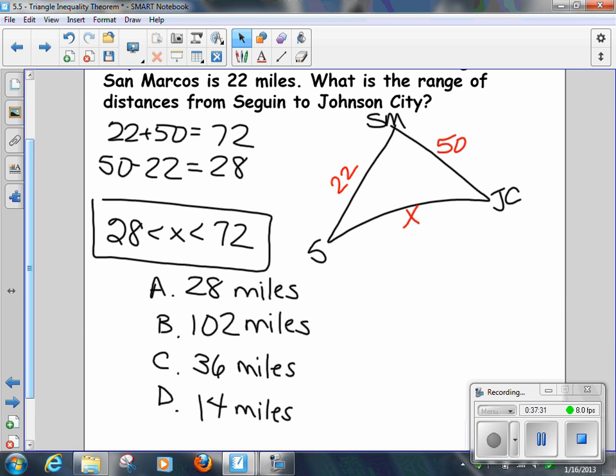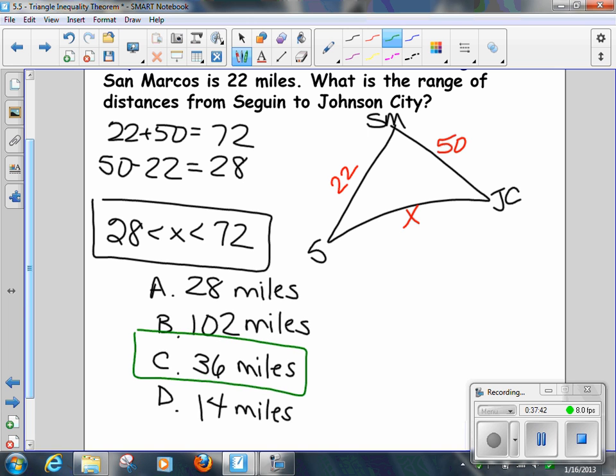You just got bit in the hind end. Why? Because the answer is C. Tell me why. Because 36 is between 28 and 72. Is 28 between 28 and 72? No. 28 is 28.